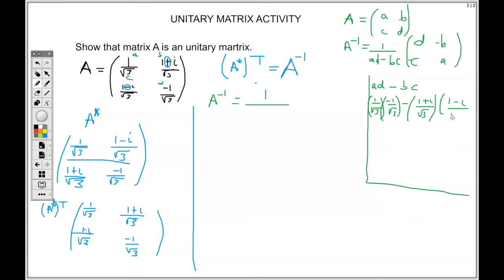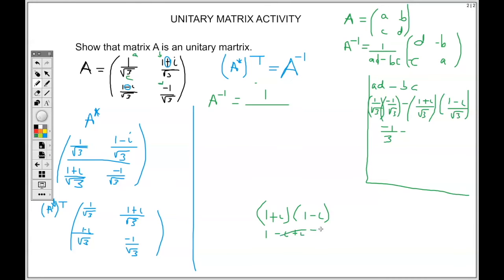Now multiplying here, the numerators together and the denominators: 1 times -1, that's -1. Root 3 times root 3, that's 3. In the numerator, we have two complex numbers to be multiplied. So 1 plus i times 1 minus i: 1 times 1 gives me 1, 1 times minus i is minus i, and i times 1 is i.